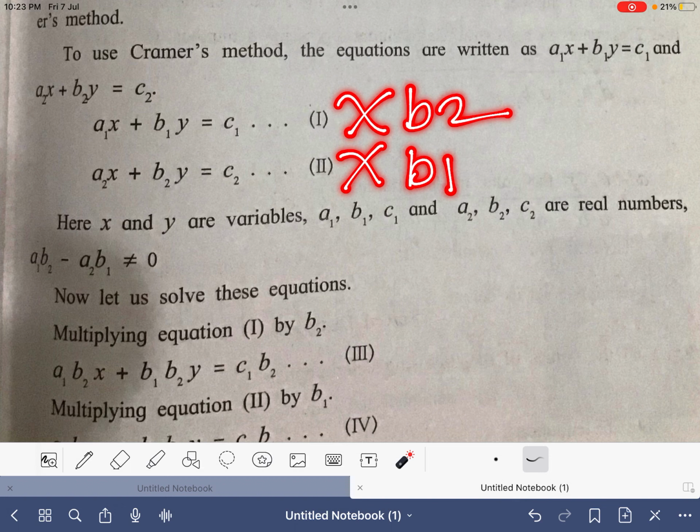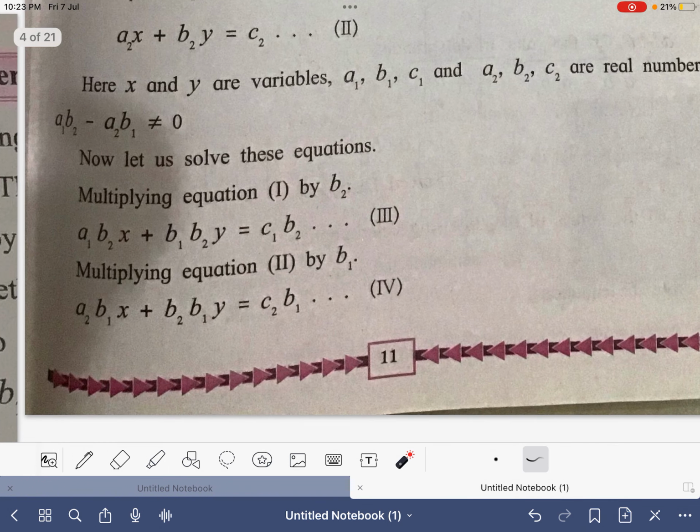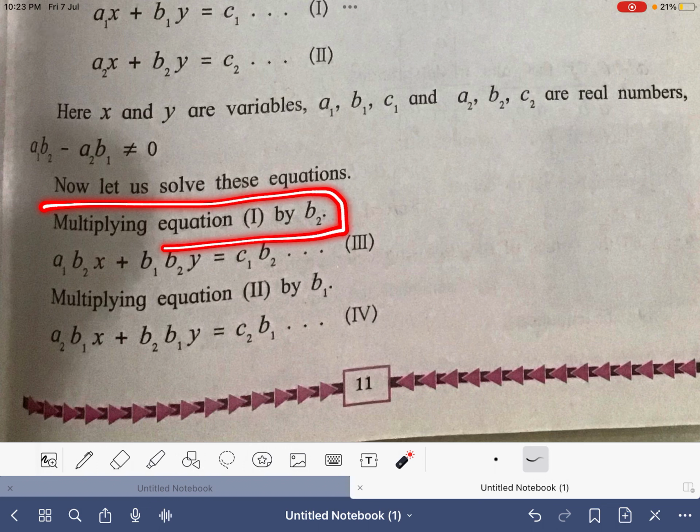Okay, so what will happen? We get a third equation after the modification. Here we multiplied equation 1 by b2.